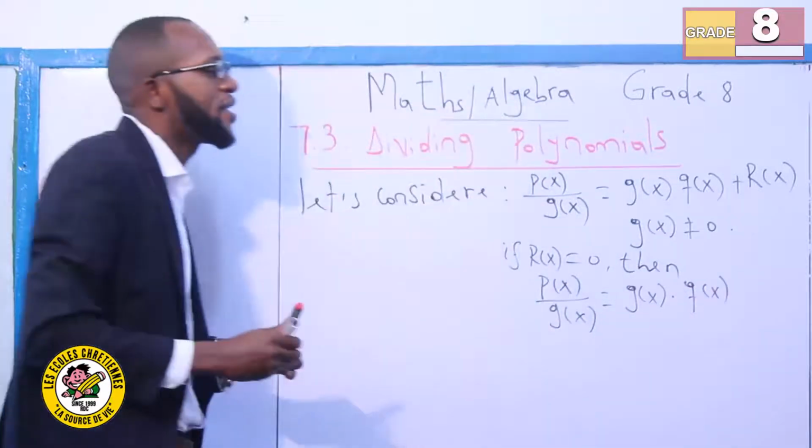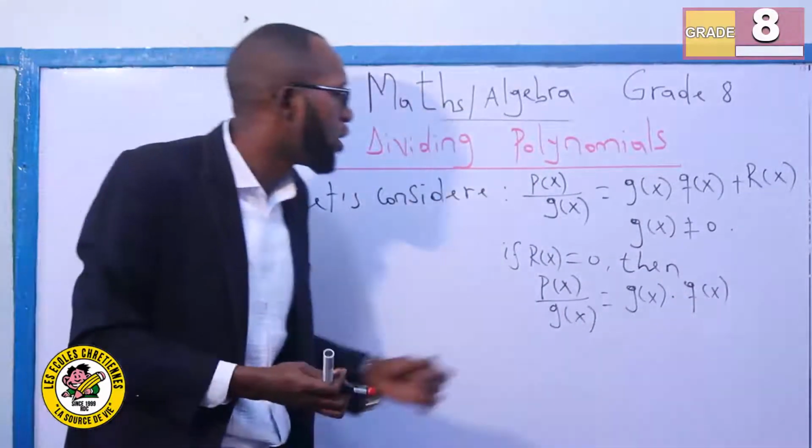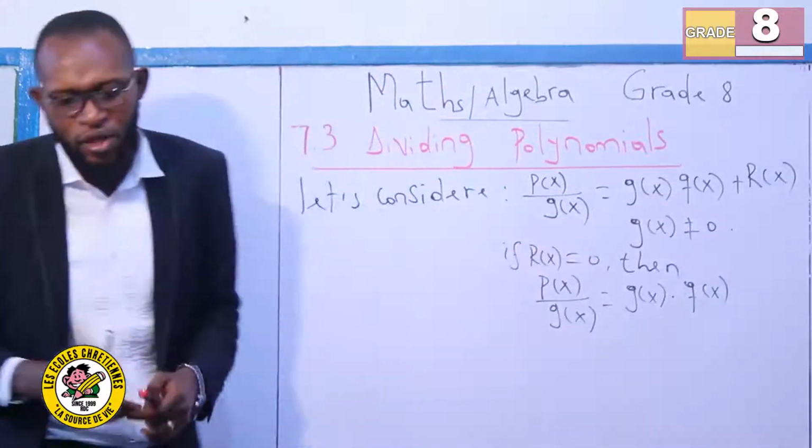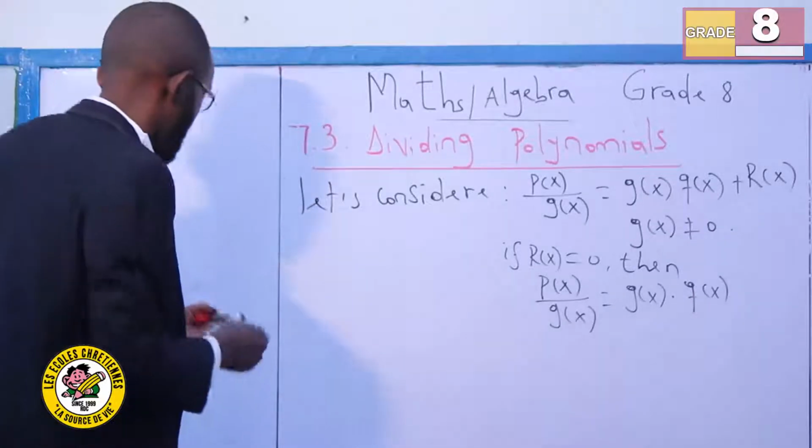So you just multiply the divisor and the quotient. Let us go to the practice.